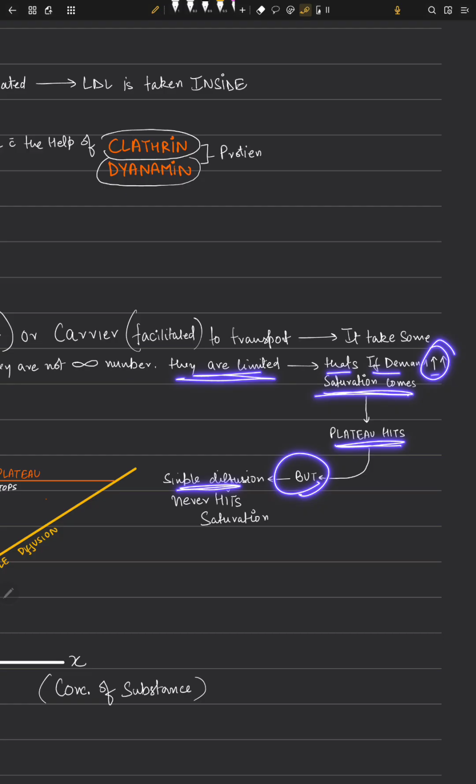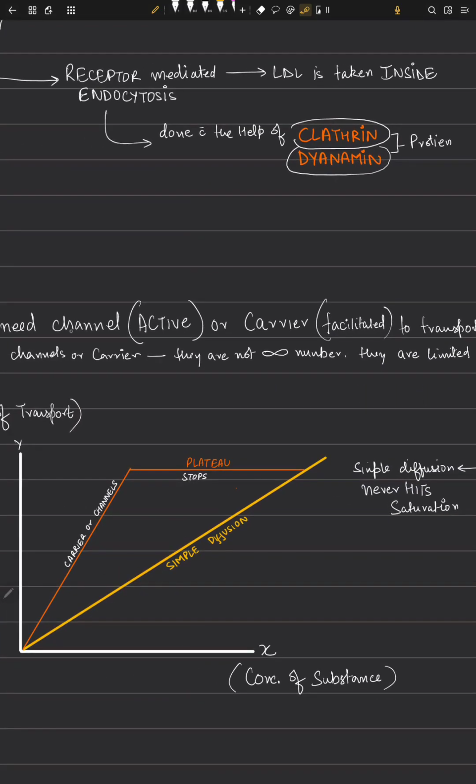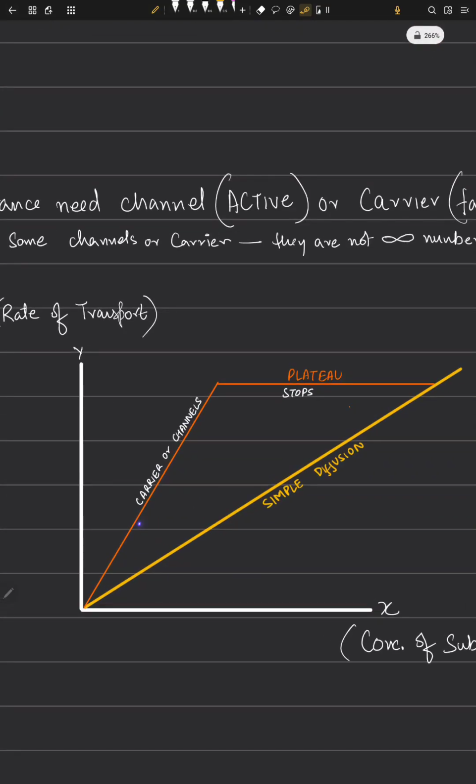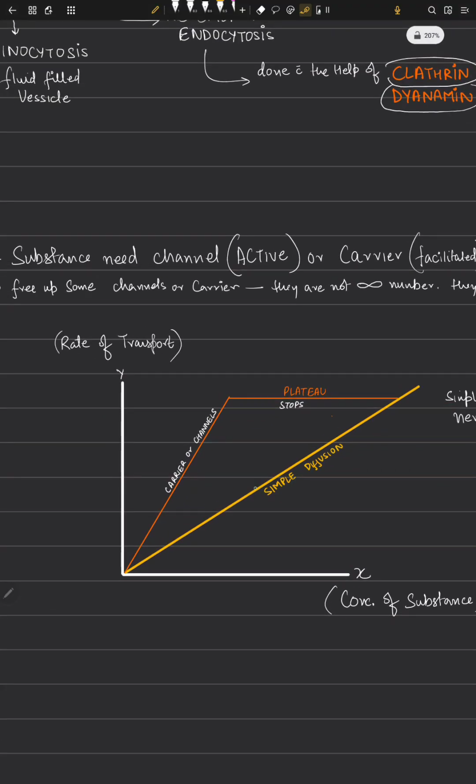But simple diffusion never hits saturation, because simple diffusion is not carried by any channel or by any carrier. So this is the carrier channel, this is the simple diffusion. Now with time, simple diffusion keeps on happening, but the carrier transport always hits a plateau. So that's the concept.